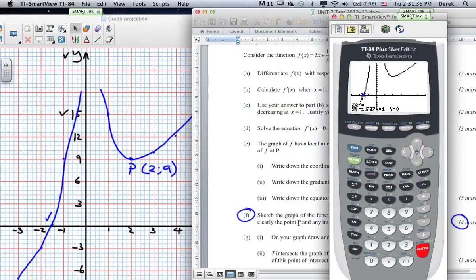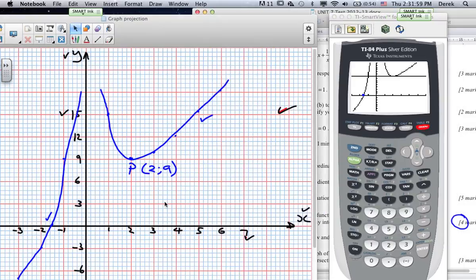I'd go y equals, put 9 in there, y equals 9, and enter, and then look at the graph of that. It's a straight line, obviously. We're going to go from -3 all the way through to 6.